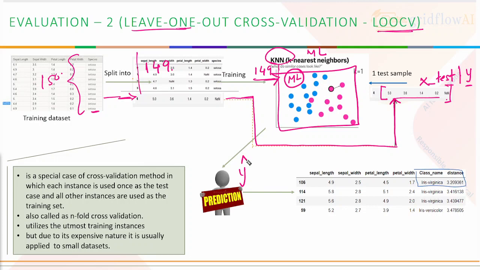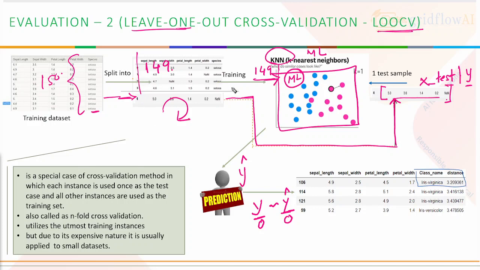So essentially, what we're going to do is compare Y versus Y hat, the actual and the prediction. Let's say the actual is 0 and the prediction is also 0. Now leave one out cross validation is going to work in a loop.